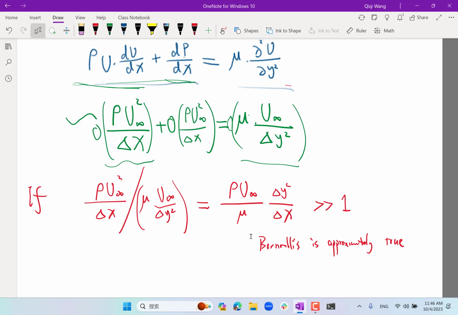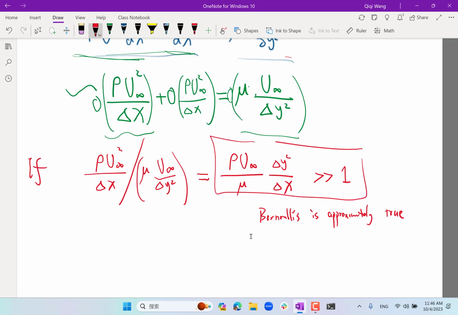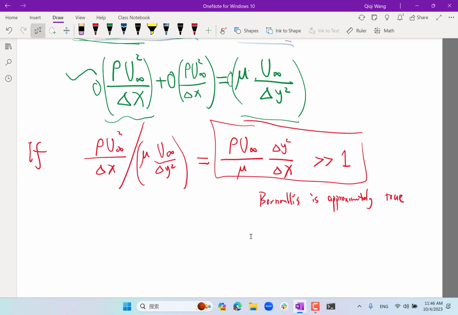All right. Okay, so that means whether this number is much greater than 1 actually matters a lot. So let me actually rewrite this condition in some other forms. The first form I'm going to write is delta y over delta x is much bigger than 1 over, then actually mu over rho u infinity delta y.